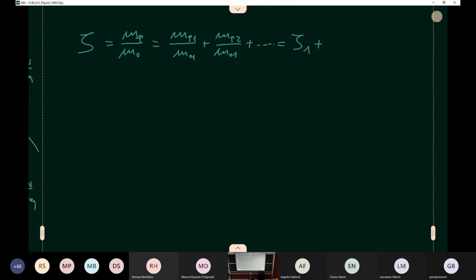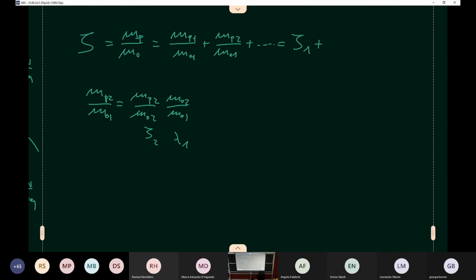And then we have other terms which are of the kind mp2 over m01, that should be written as mp2 over m02, m02 over m01, and this is the lambda 1, and this is zeta 2. And so what we see here is that if you go ahead, mp3, there will be lambda 1 and lambda 2, and so on.